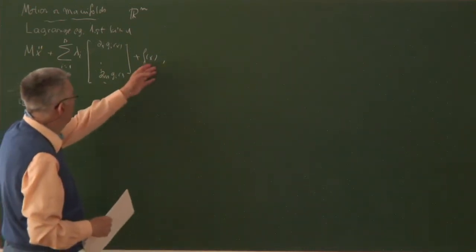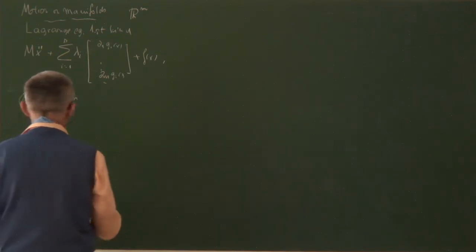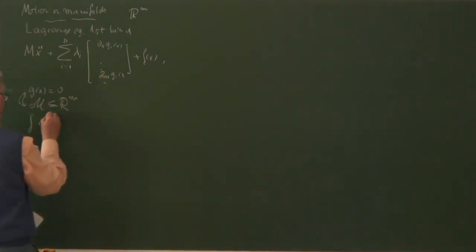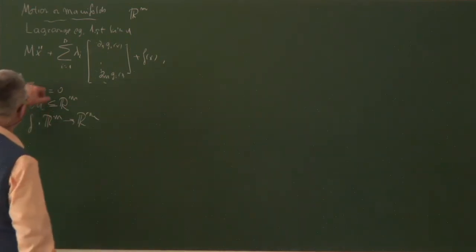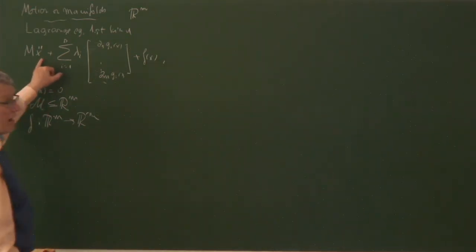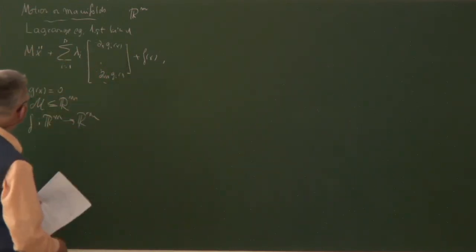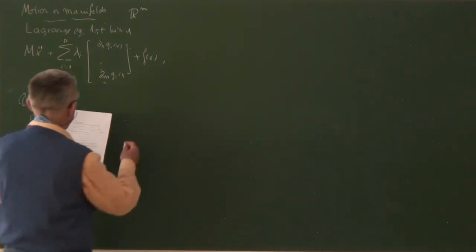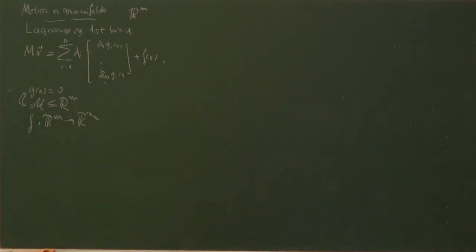F is the force, a given function on Rm. Lambda i and x are unknown functions. They have to be determined from this equation. Excuse me. So that's the setting.